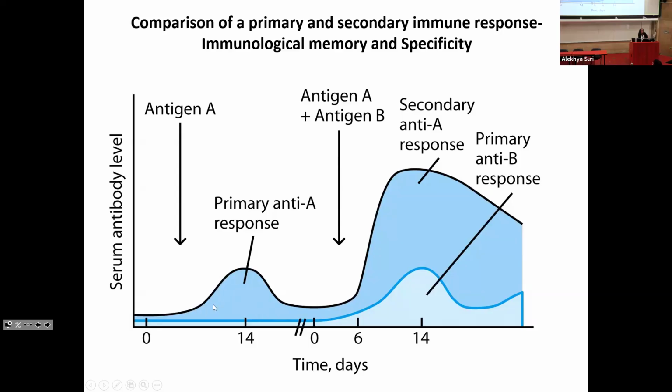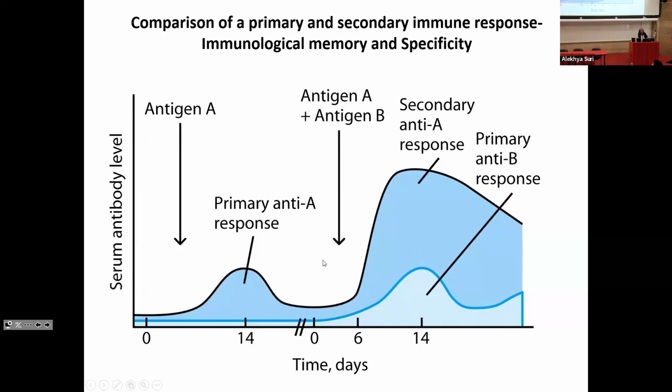But over time, you'll see an increase in the antibody titer for antigen A. Then if you keep measuring over time, it slowly comes down and plateaus off.